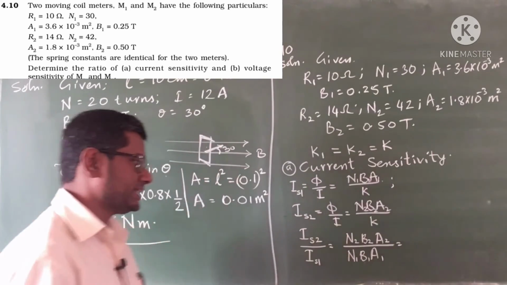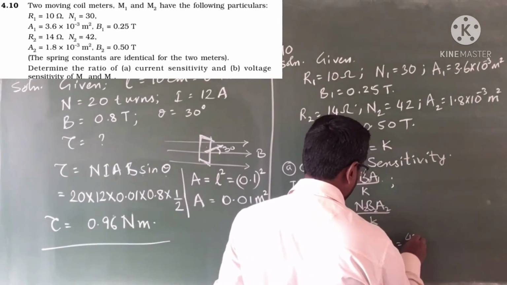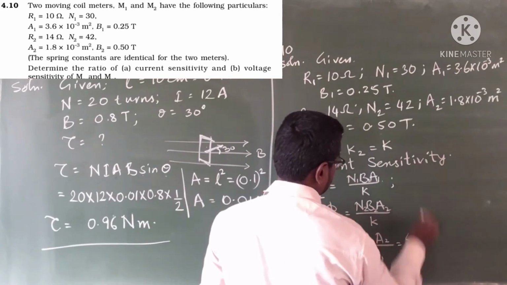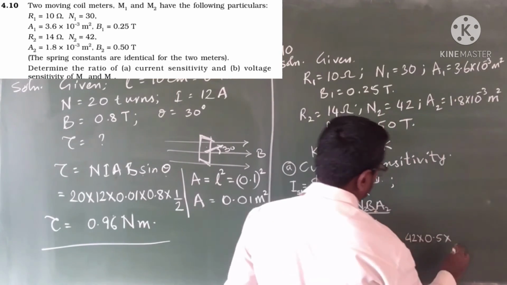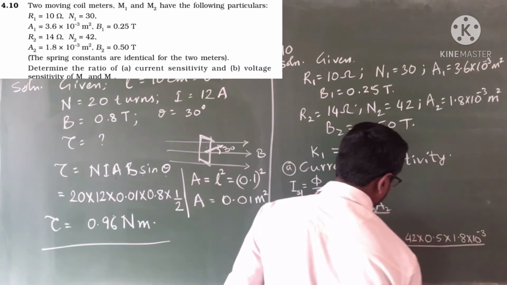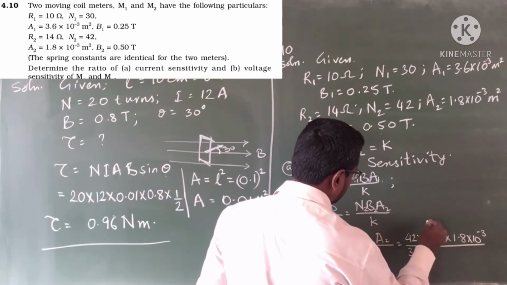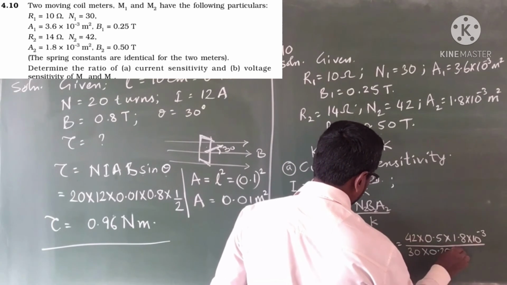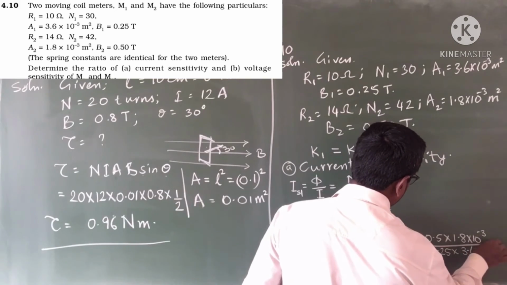And this can be written by just substituting the values. Now N2 is 42 into B2 is 0.5 into A2, where A2 is 1.8 into 10 to the power of minus 3, whole divided by the number of turns in 1, which is 30, into the magnetic field 0.25, into the area 3.6 into 10 to the power of minus 3.